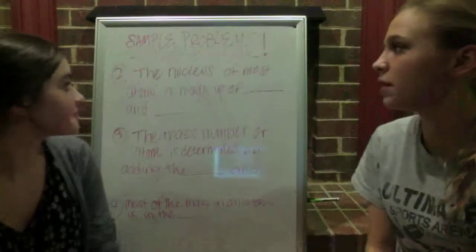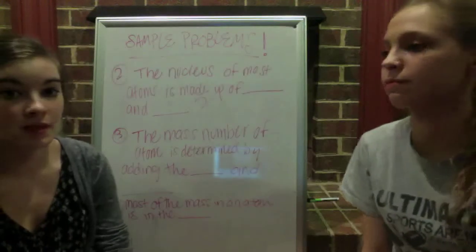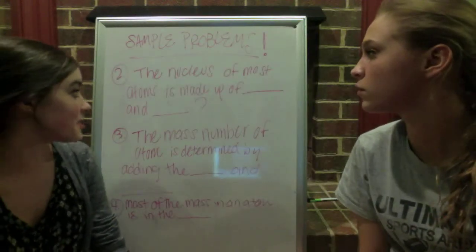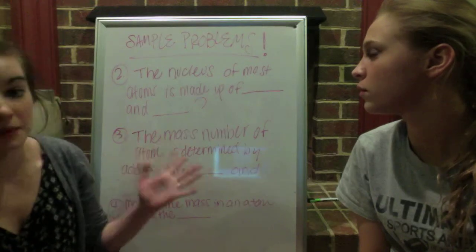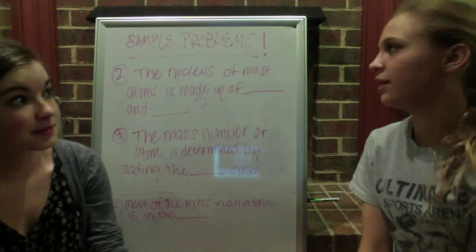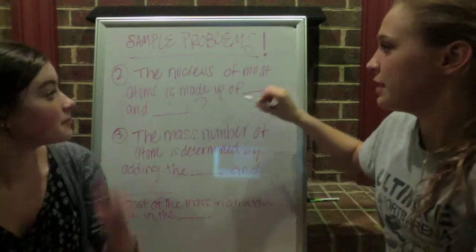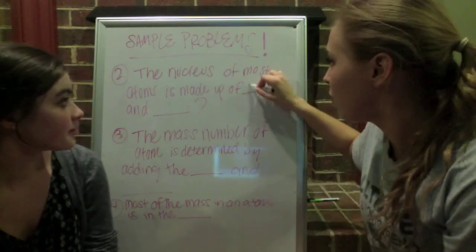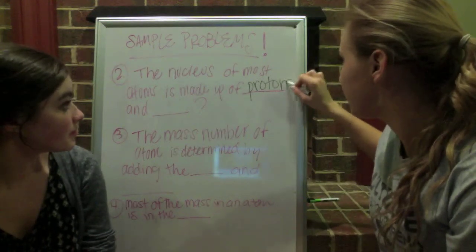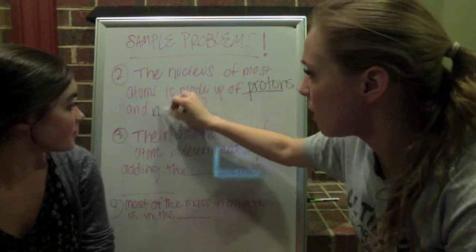So these are our sample problems 2 through 4. For number 2, it says the nucleus of most atoms is made up of blank and blank. So, as we learned in the video, the nucleus is made up of protons and neutrons.